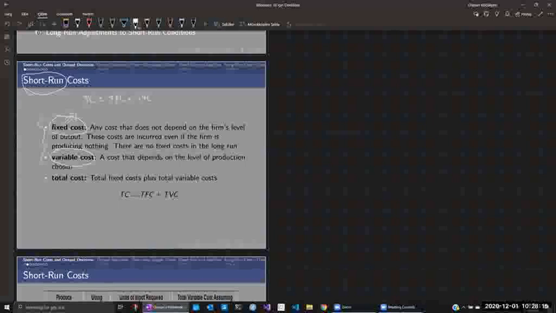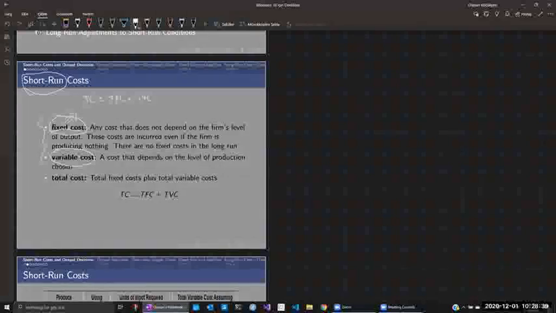So even without producing a single hamburger, you have to bear these costs, so these types of costs are called fixed costs, okay? They do not depend on the level of output in the short run, and these costs have to be borne even if there is no production.